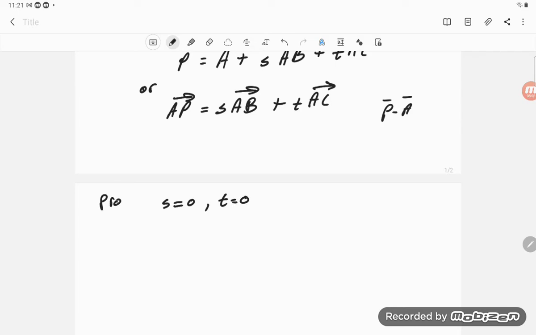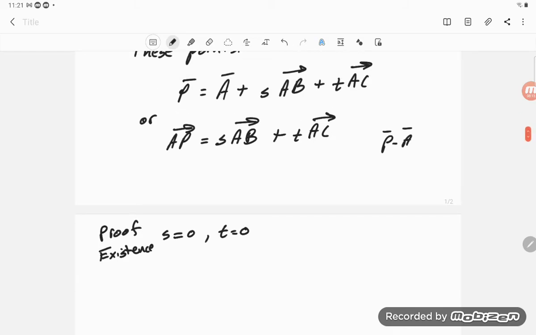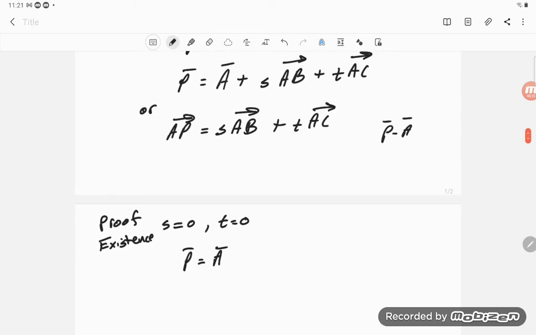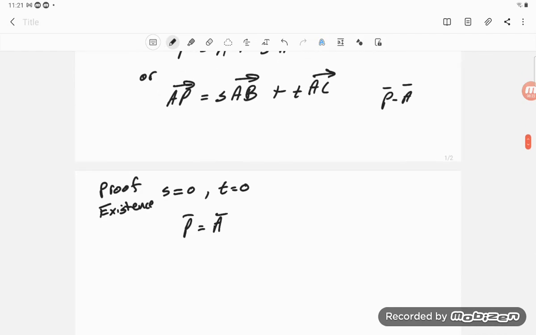So in our proof, first we're looking at existence. If we have S equals 0, T equals 0, then what we get is our P is equal to A. So that takes care of A.